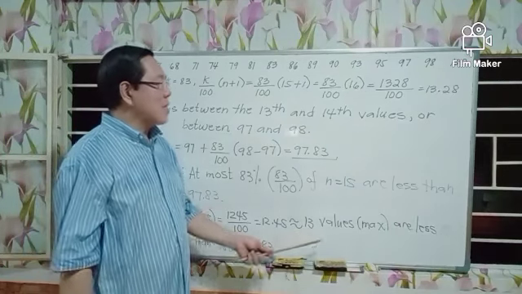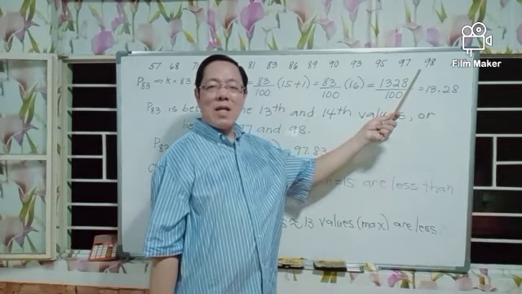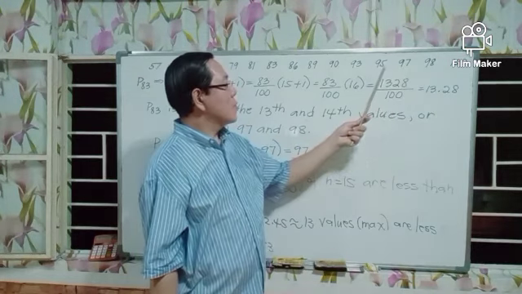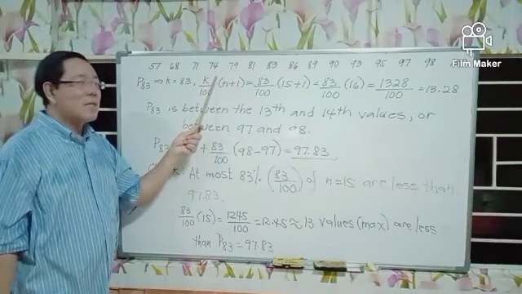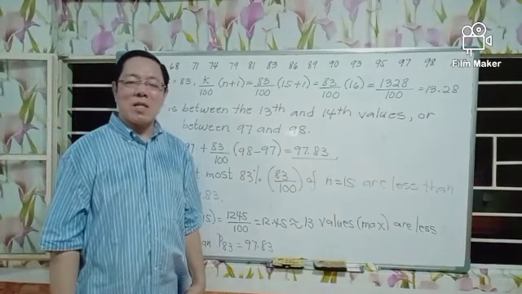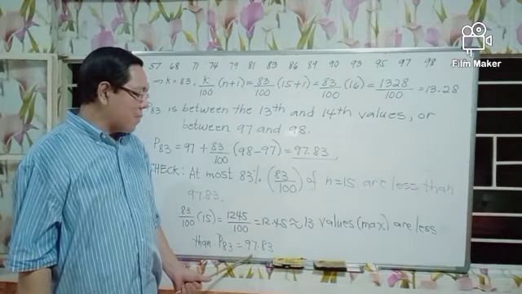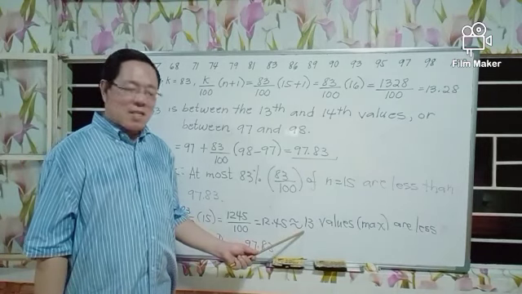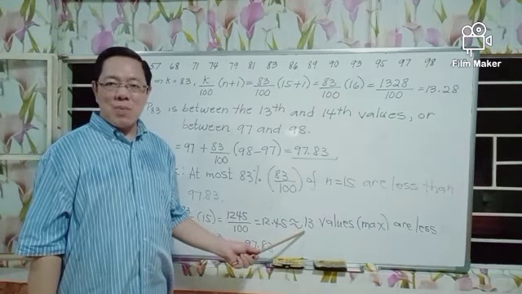And 97.83 is between 97 and 98. The number of values that are less than 97.83 are 1, 2, 3, 4, 5, 6, 7, 8, 9, 10, 11, 12, 13. There are exactly 13 values that are less than the 83rd percentile of 97.83. And the maximum number of values that should be less than 97.83 is 13.